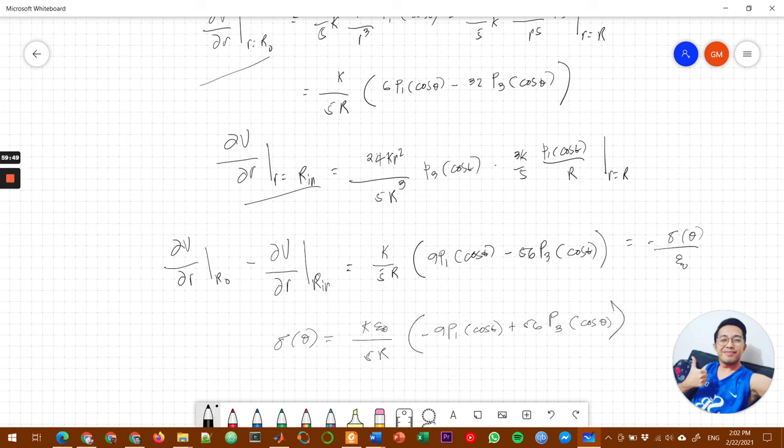So that will be the final form. This will be the charge density distribution on the surface.